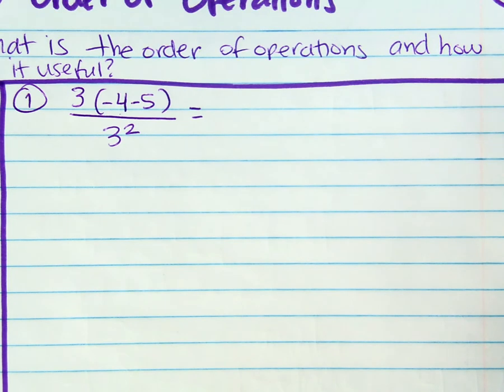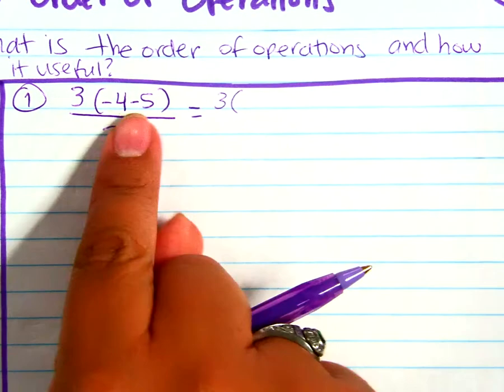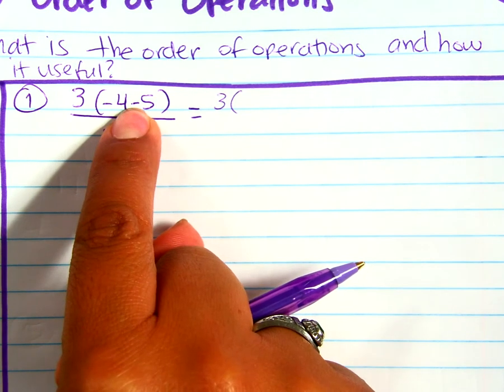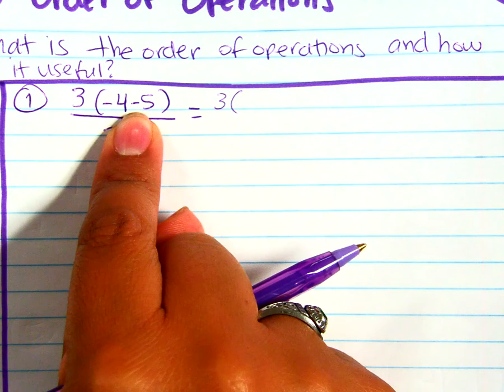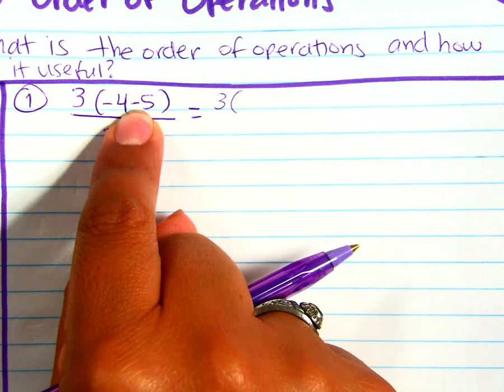Okay, so order of operations, what do we always do first? Parentheses, right? So we're going to have 3 times. Now, inside my parentheses, what type of problem is this? Subtraction, right? So since it's subtraction, what do we do with subtraction problems? Good, turn it to addition.